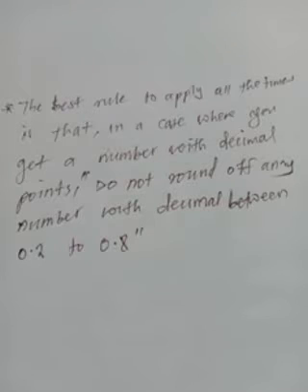After you divide throughout by the smallest number, you'll find that you're going to get some of the numbers having decimal places. If you get any number which is having a decimal place between 0.2 to 0.8, do not round off that number.